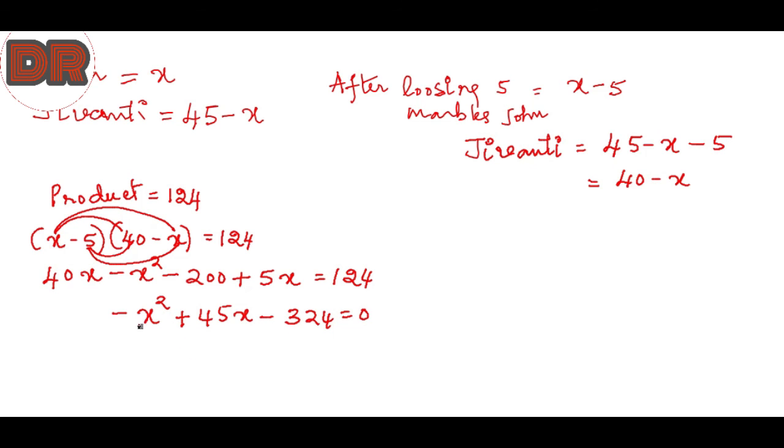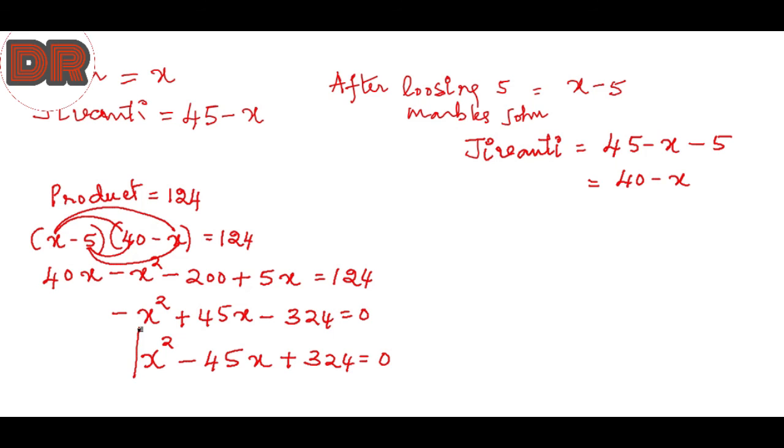Now I just want to change the sign of the first term because it is negative and I want to make it positive, so you can multiply the entire equation by minus 1 throughout. When I multiply by minus 1, it becomes x square minus 45x plus 324 is equal to 0.